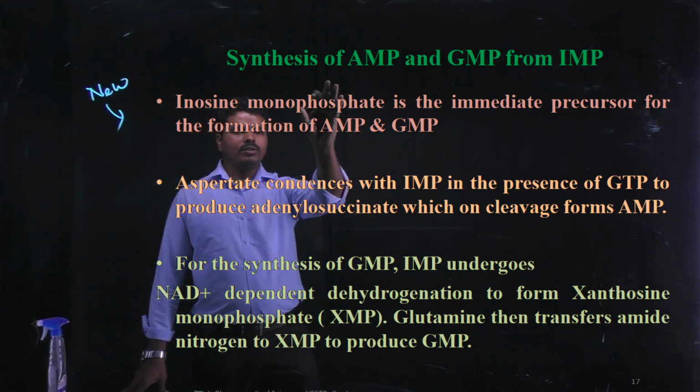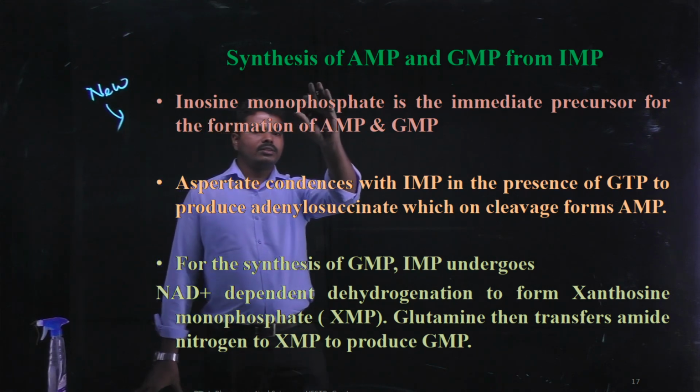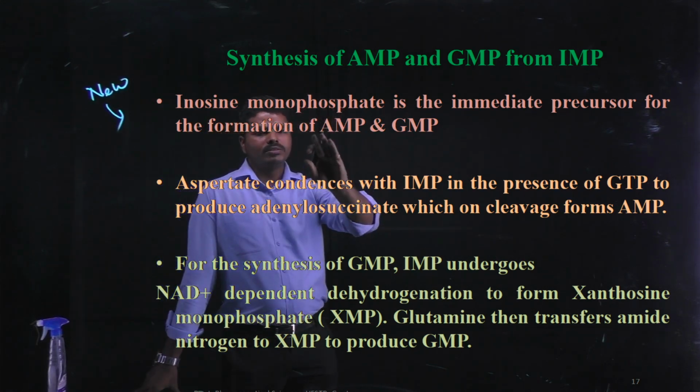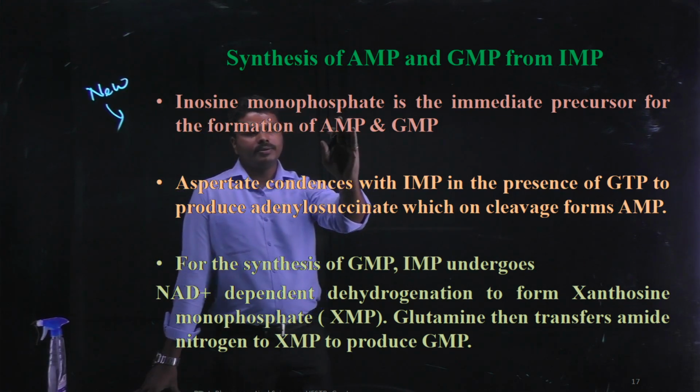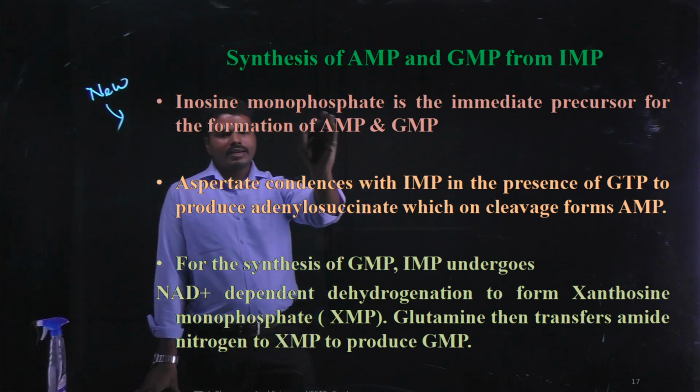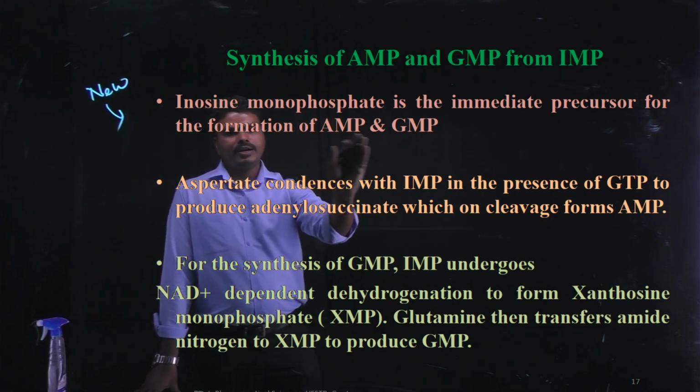So we have already discussed the biosynthesis of inosine monophosphate. After formation of the inosine monophosphate, it will act as a precursor for the formation of AMP and GMP.